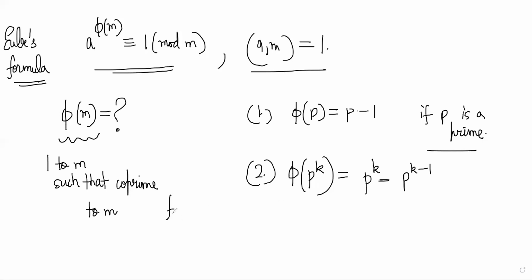The factors of p power k are p, p square and so on, till p power k, right? So a is not relatively prime to p power k when it is divisible by p, right?